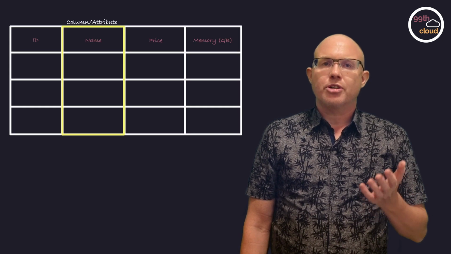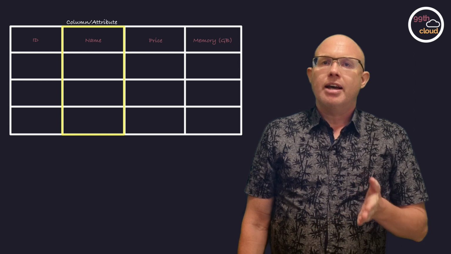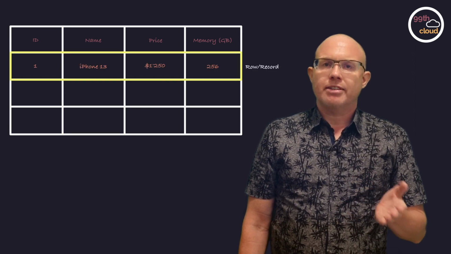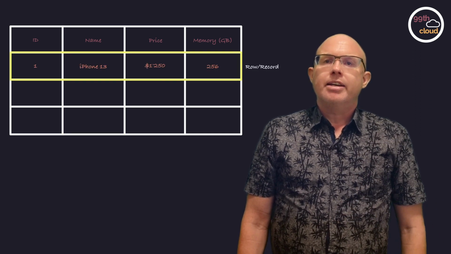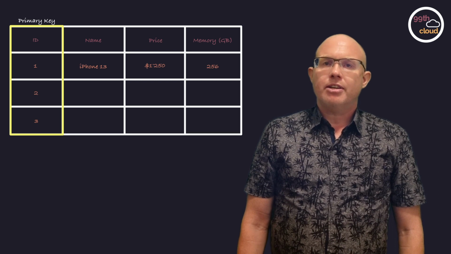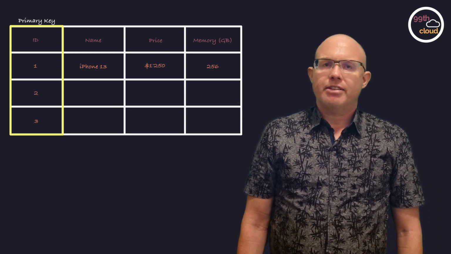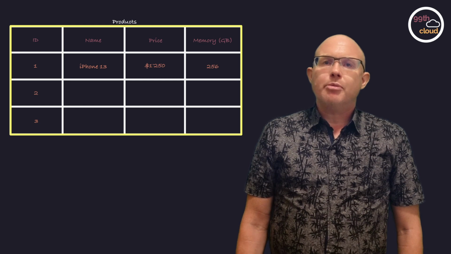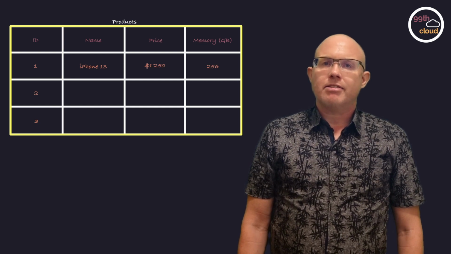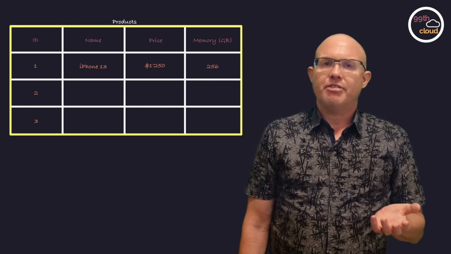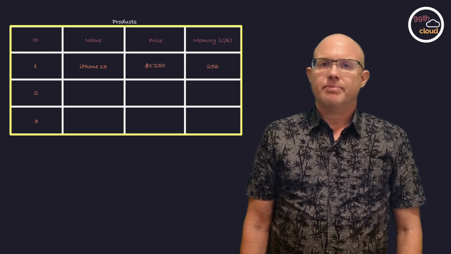A relational database organizes data into tables with columns, which contains the attributes, and rows that contain the data records. Each row has a unique key called primary key to identify it. The tables are structured into entities such as products, for example, if you have a list of products.